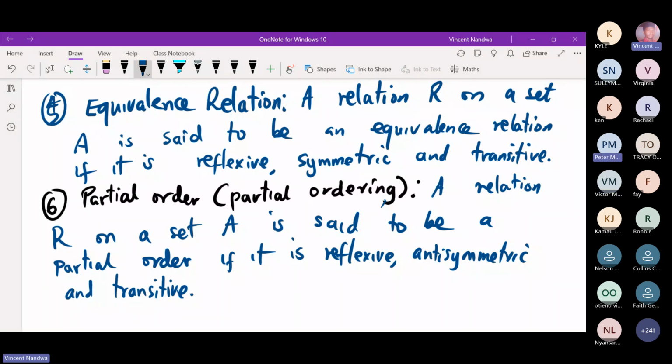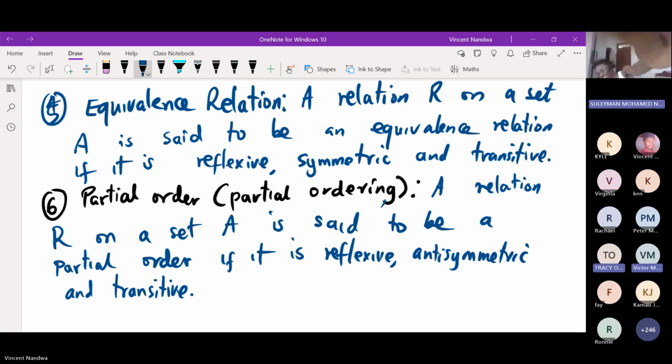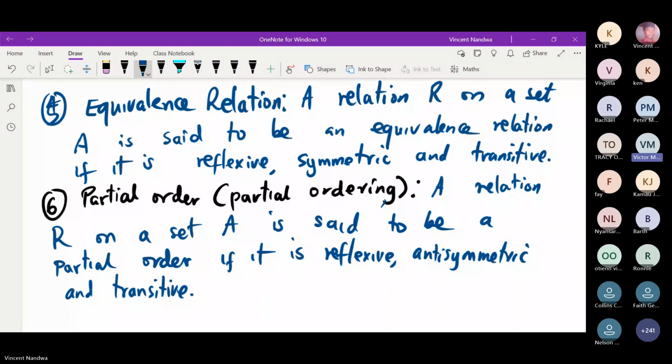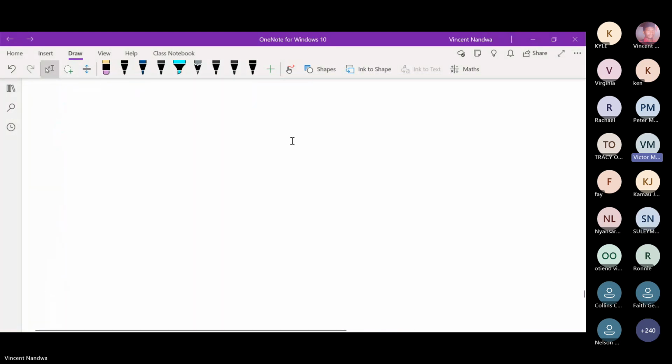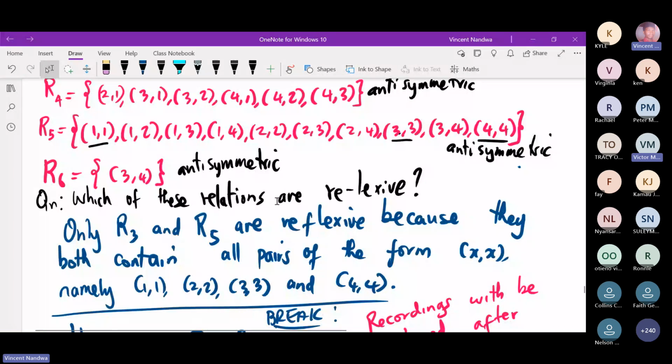Then we still go back to our R1 to R6 and classify them as either transitive or non-transitive.